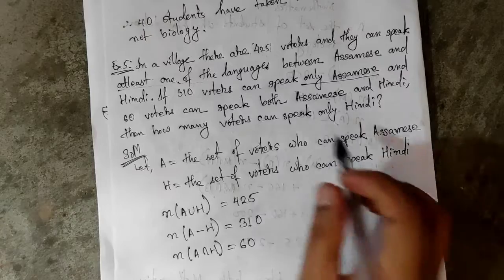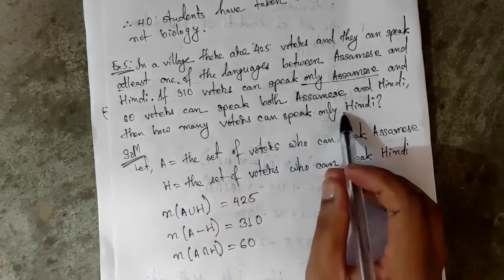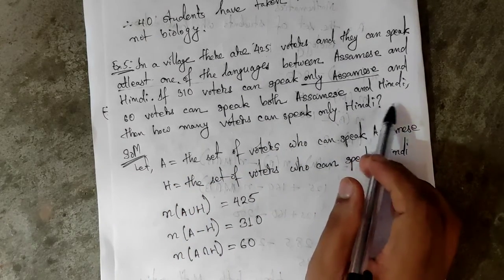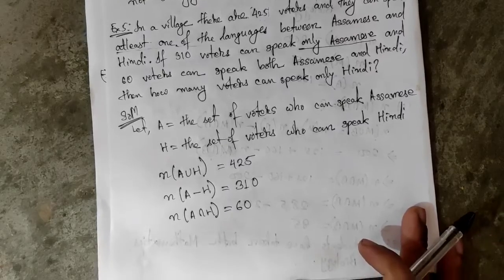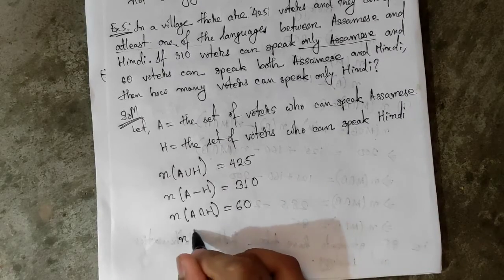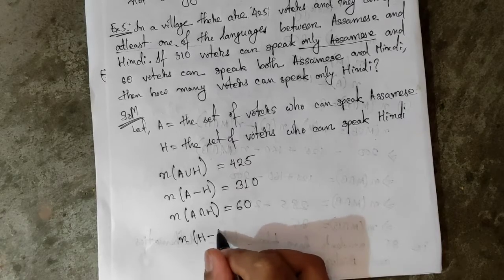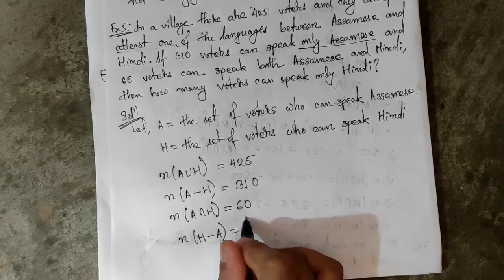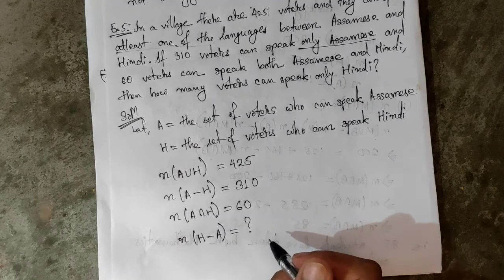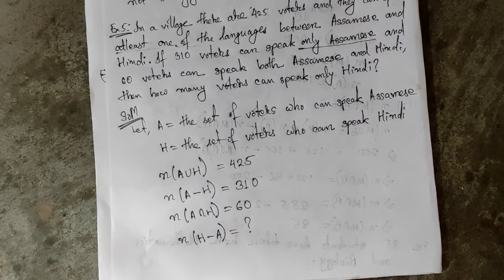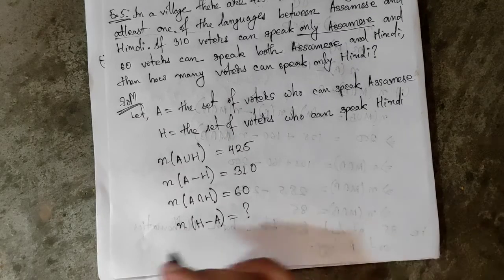Now what do we need to find? How many voters can speak only Hindi? That means speaking Hindi but not Assamese, so we need to find n of H minus A. For the derivation of the n of A union B formula, we used Venn diagrams, and from those we wrote the formulas.